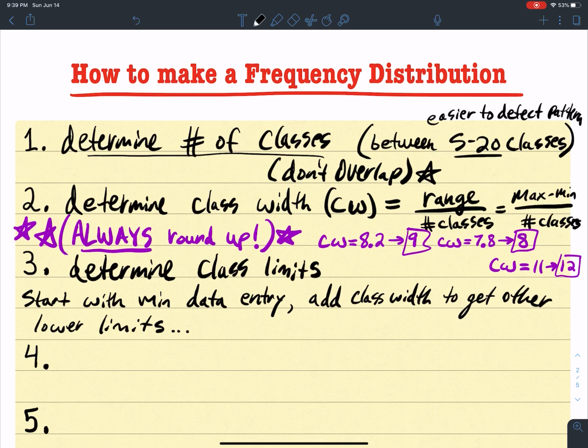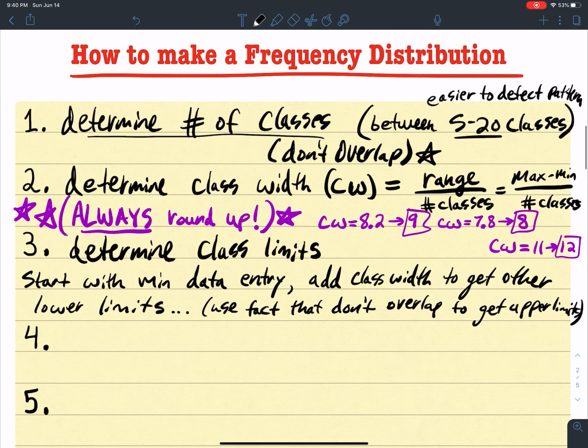And once you get the lower limits, then use the fact that you don't overlap to get upper limits. So we'll work through an example here in just a second to illustrate this. So don't get too panicky.